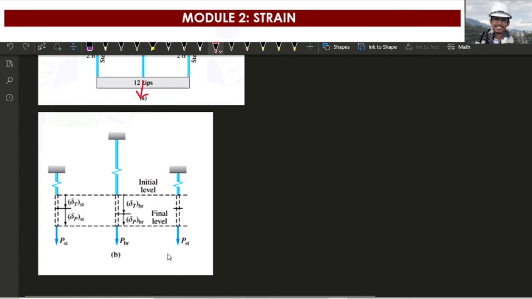So for compatibility equation, that will be the deformation ng ating steel due to temperature, plus yung deformation ng ating steel due to the force, that is also equal to, for the bronze, deformation ng bronze due to temperature plus deformation ng bronze due to the force. Okay?